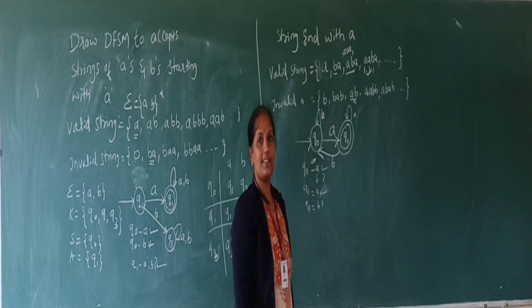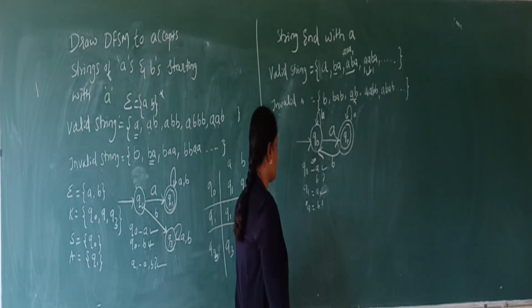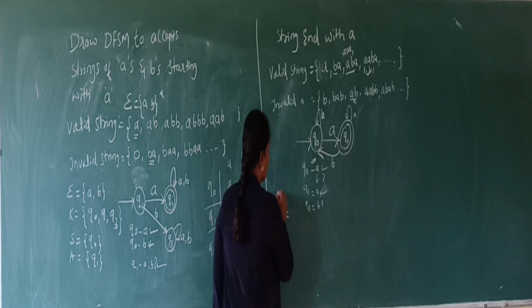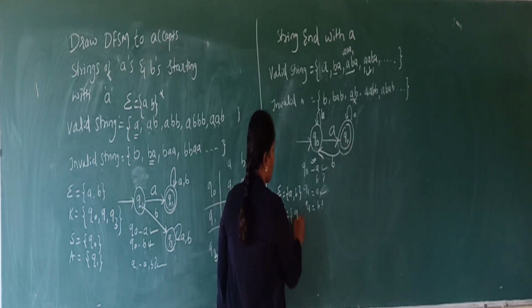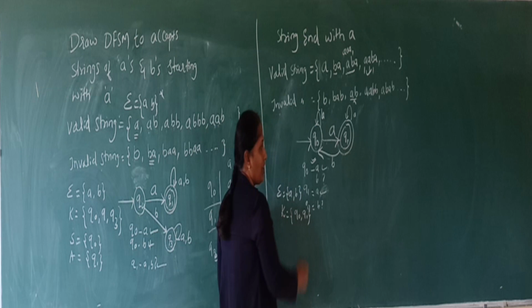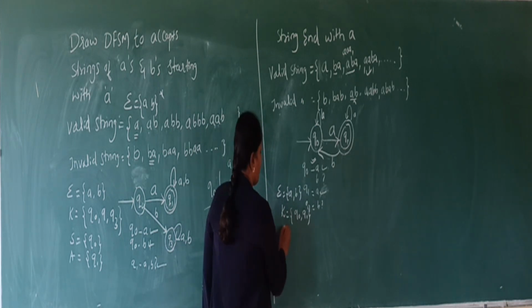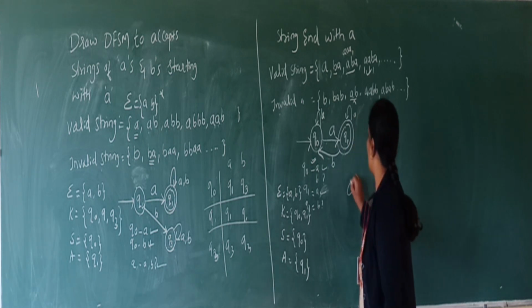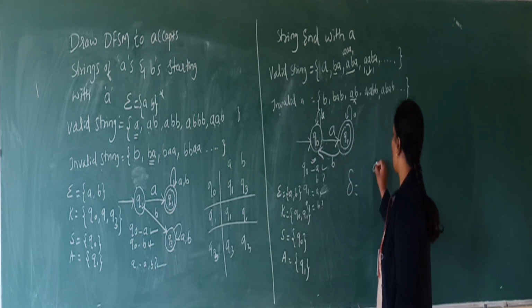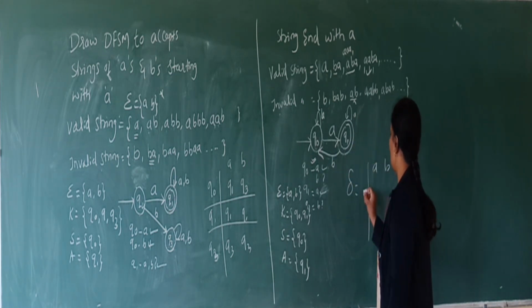Again, you represent this by using a 5-tuple. What is the alphabet? The alphabets are A comma B. States are Q0, Q1. Start state is Q0. Accepting state is Q1. And the transition table, that is the delta function, equals what? A and B are the column values.